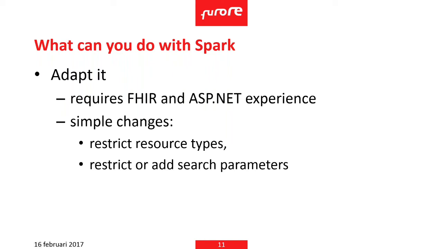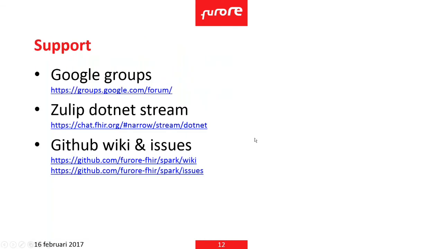What can you do with Spark? Apart from installing it, you can obviously adapt it. It does require knowledge of FHIR and a bit of experience with ASP.NET, the Microsoft Web Framework. But for simple changes like restricting the types of resources you want to accept or adding a few search parameters, that is easily done. You can also have support.